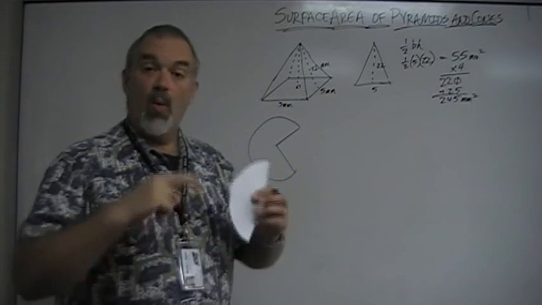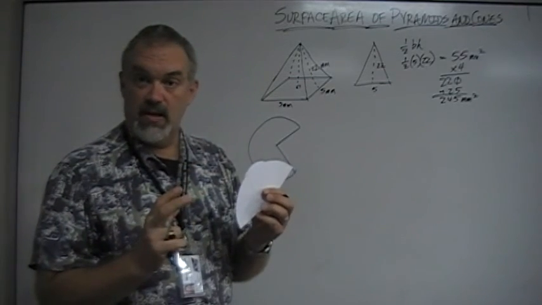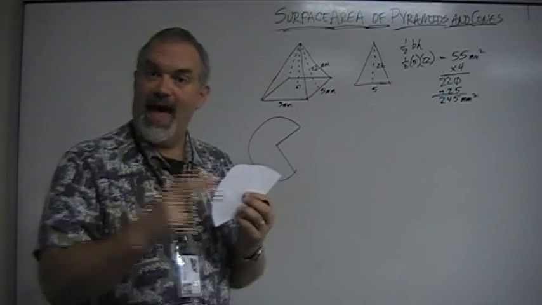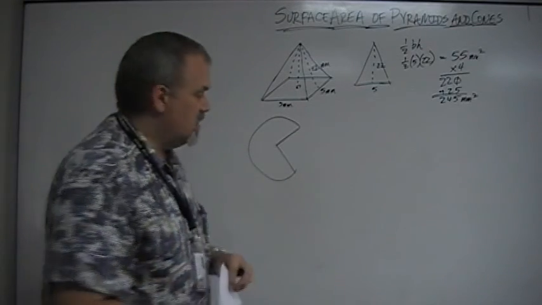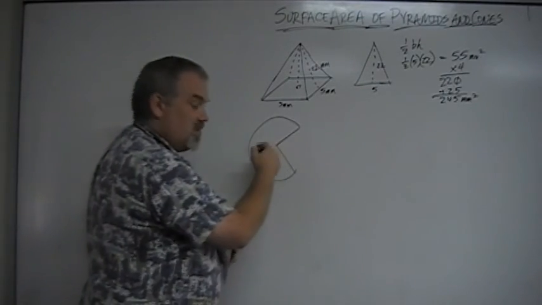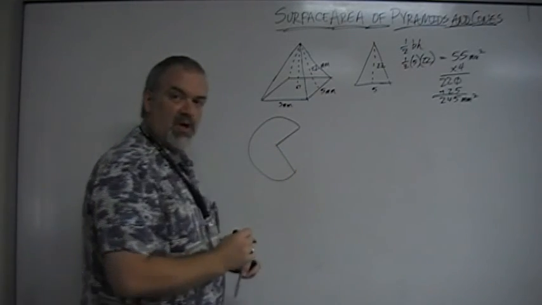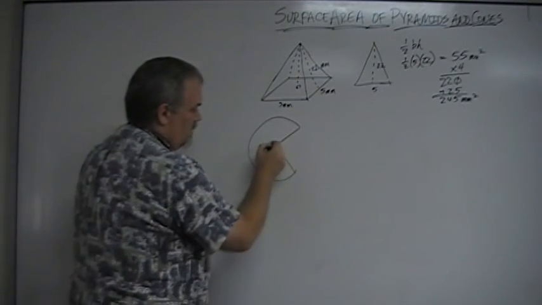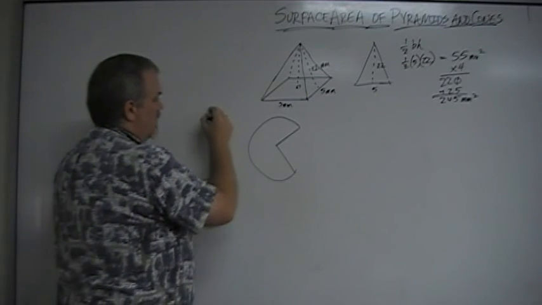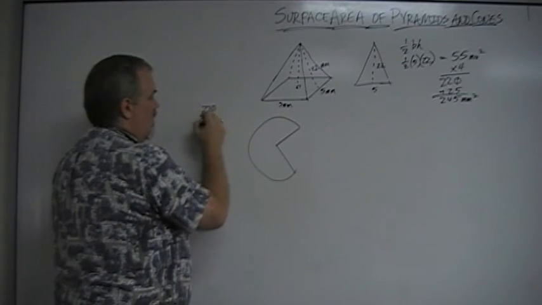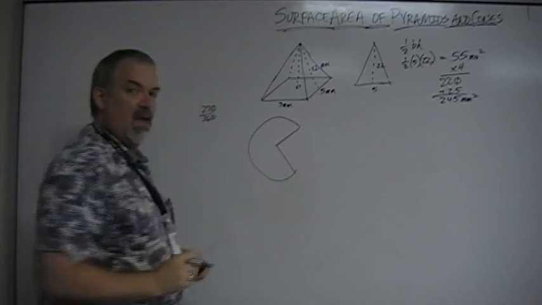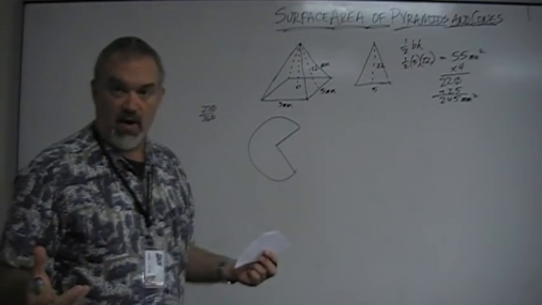We figured out what fraction of the circle it was, and then we took that fraction of the whole circle. So for example, in this one we might say, well, it's 3/4, roughly. It's 3/4 of the whole circle. This in here is 270 degrees. We would say 270 over 360, because those are the angles that are involved.